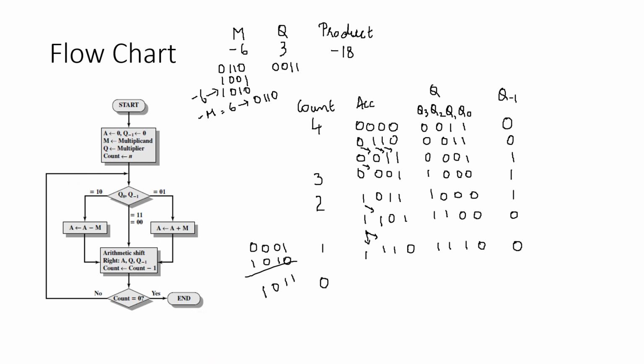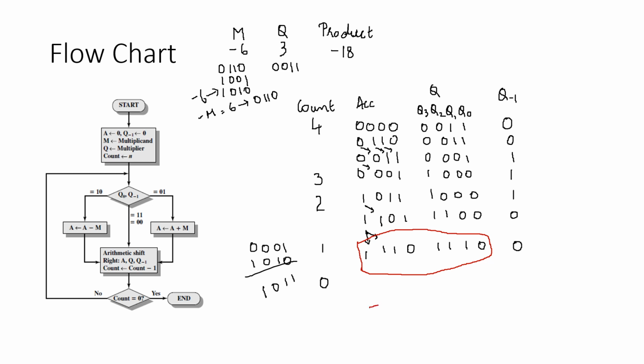So now what is the product here actually? As you can see here, the product is nothing but the contents in the accumulator plus Q. So this is in the 2's complement format. So initially you have ones here which represents the number is negative.